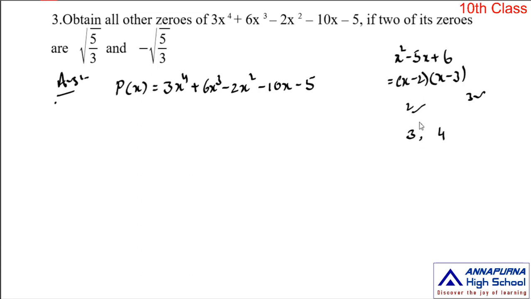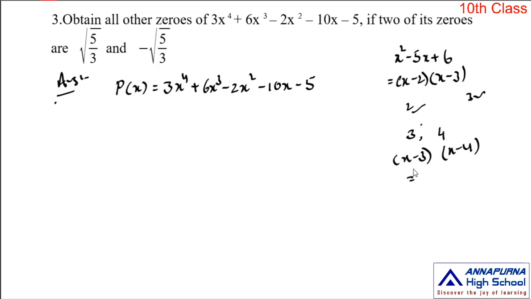One zero is 3, so one linear factor is x - 3. Another zero is 4, so the other linear factor is x - 4.